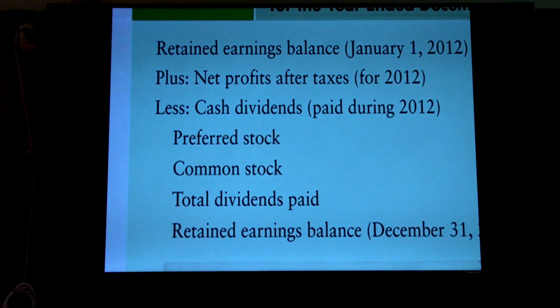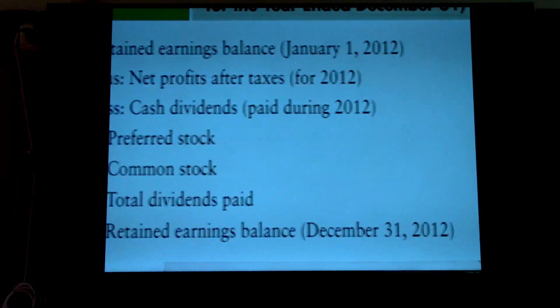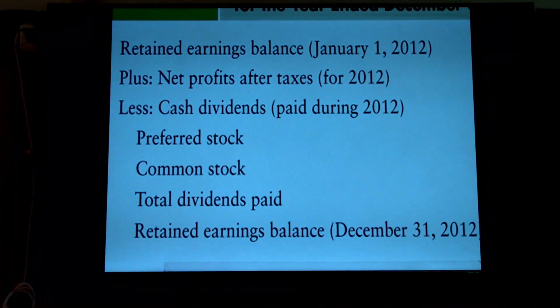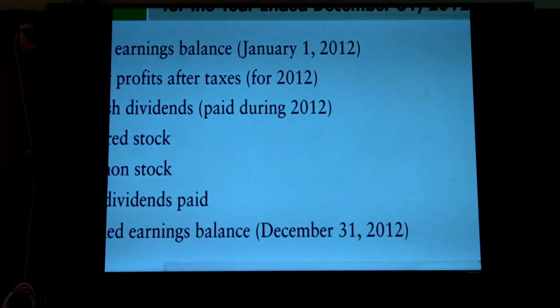Then we subtract any type of cash dividends, either dividends for preferred stocks or dividends for common stocks. Any type of dividends must be subtracted from the retained earnings balance at the beginning of the year and the net profit after taxes. The remaining part gives us the retained earnings balance at the end of the year.